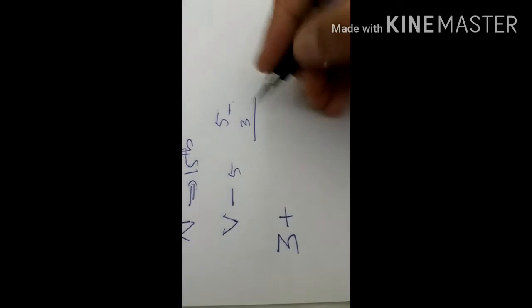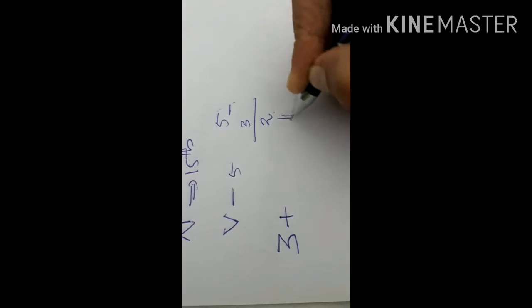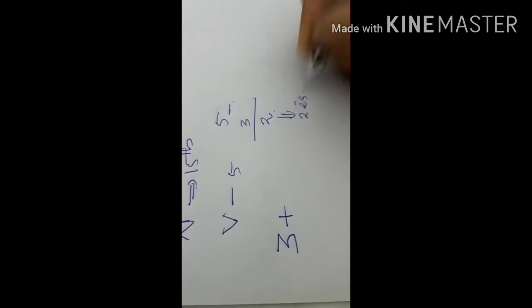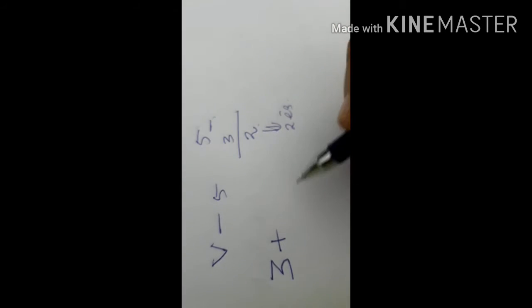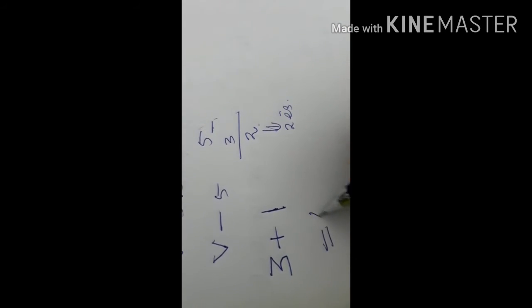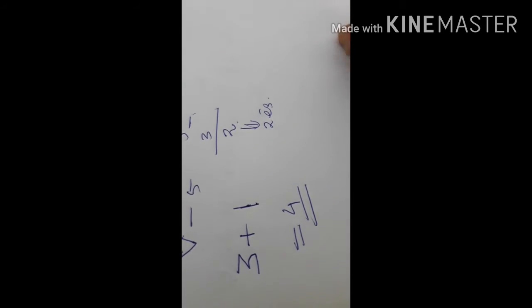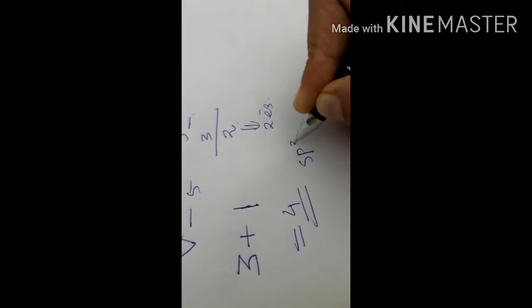Therefore 5 minus 3 is equal to 2, that is 2 electrons. 2 electrons means 1 lone pair, as a pair contains 2 electrons. So it has 1 lone pair, that is 3 plus 1 is equal to 4. 4 means sp3 hybridized. NH3 has sp3 hybridization.